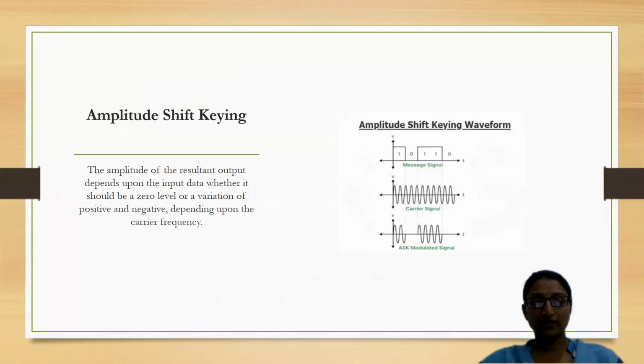So if you observe this picture clearly, in ASK modulated output, whenever the message signal is 1, we can observe the signal. Whenever the message signal is 0, there is absence of the signal. The same thing is diagrammatically shown here. You can have a glance about it.